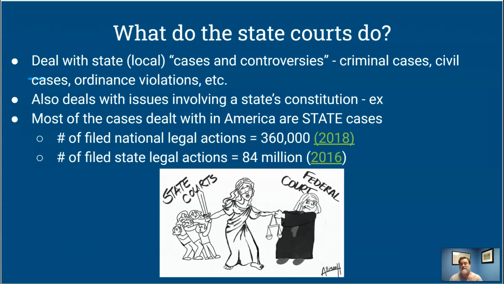Okay, so as of 2018, the number of national legal actions, criminal and civil combined, filed in the national court system was 360,000 cases. The number of state legal actions filed across the country was over 84 million in 2016.